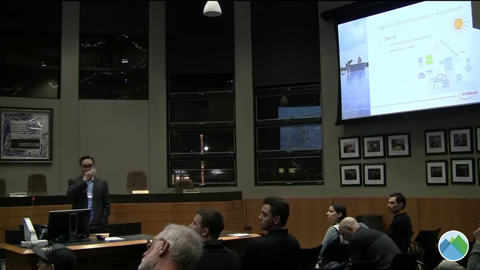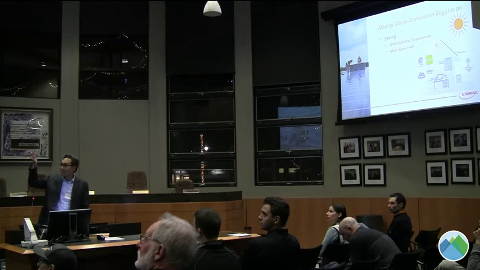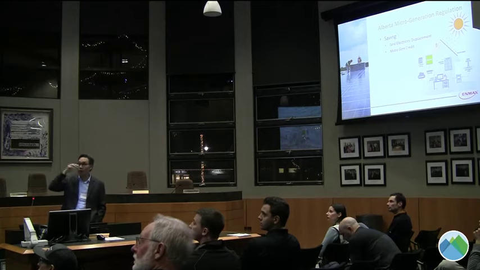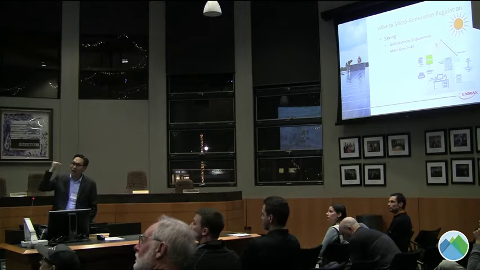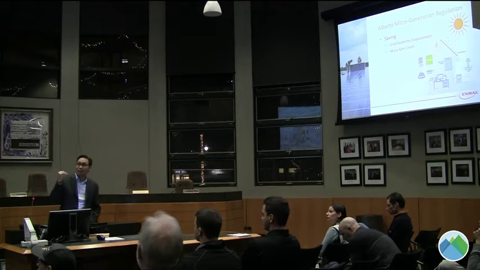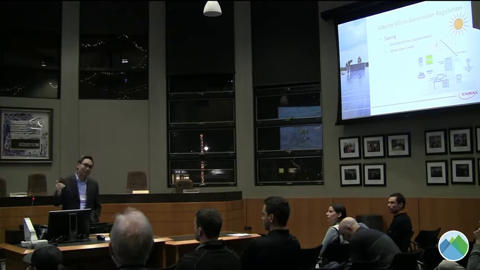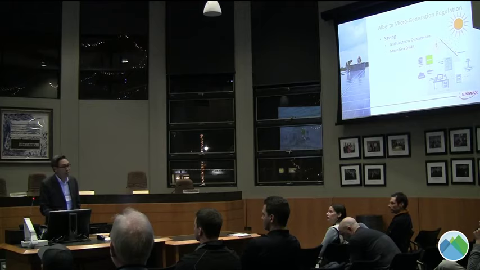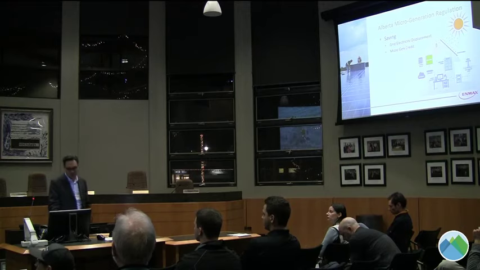As Jeff and Val already explained, that's how it works under the microgen regulation. The saving, the economic part, comes from the grid electricity displacement. Once you have a solar PV system on your roof, you will consume less because the solar PV will supplement your consumption.